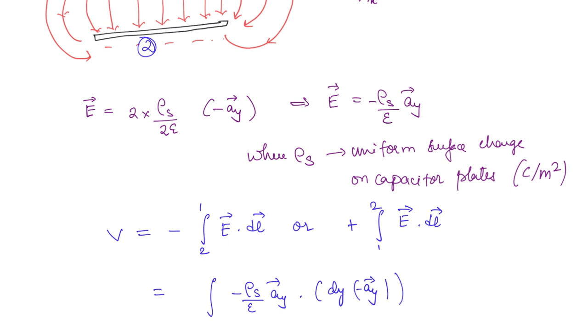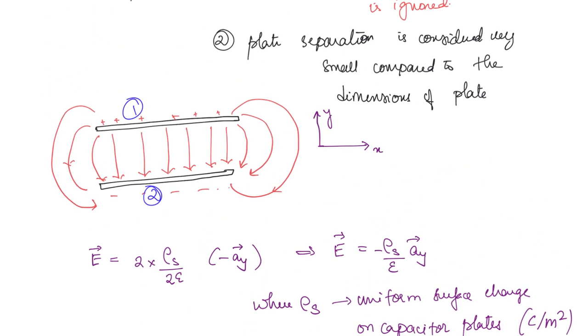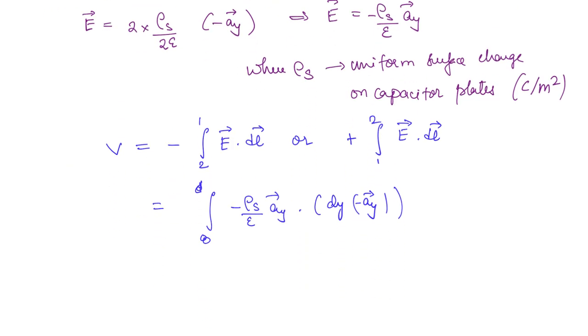Then what will be the limits? The limits are going to be 0 to d. What is d here? d is the separation between the two plates. So the distance will be from 0 to d, right? So if you do this, you are going to get rho s d by epsilon.